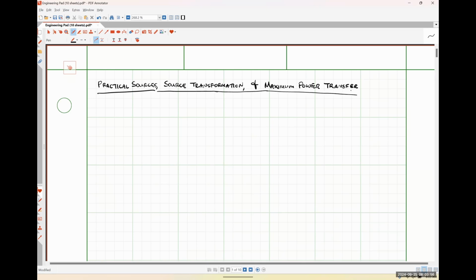Okay, so let's start by talking a little bit about practical sources. You guys have had at least one homework assignment, but probably more, where you had these and you didn't really know what it was. I'm going to start on the left-hand side with a practical voltage source.